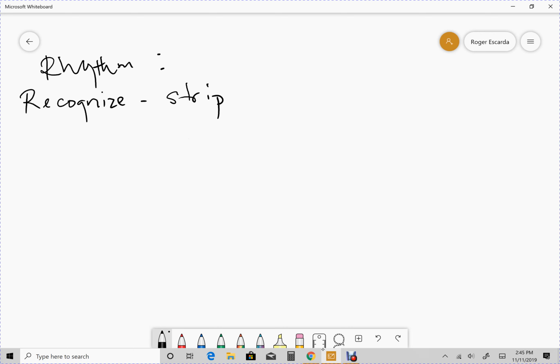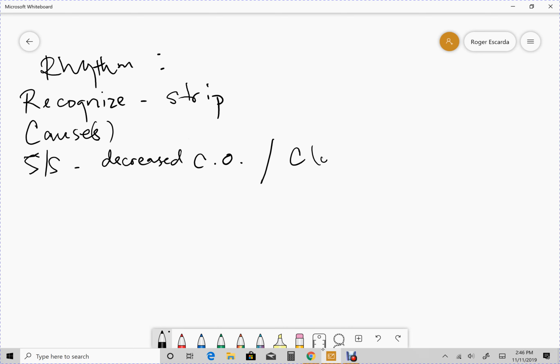Next are the causes of the particular dysrhythmia. Then next are the signs and symptoms, if any. But you know already, as we discussed last week, the signs and symptoms are really consistent with decreased cardiac output, which in most cases is the patient's presenting signs and symptoms, or whenever there is congestion, there may be evidence of clotting, because you know what blood does.